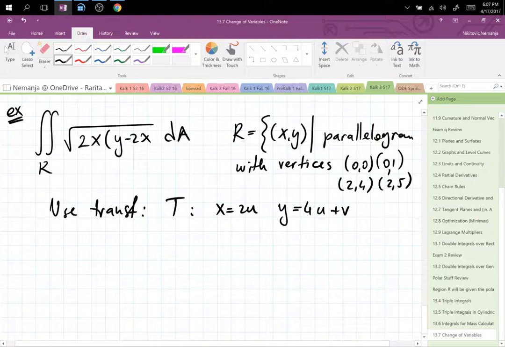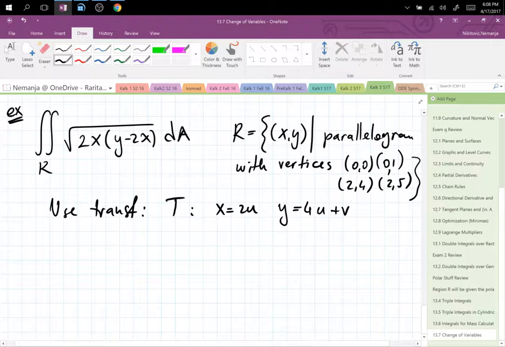You start from transforming the region. That's always the first case, because once you write your new double integral, it has to be integrated over region S. That's a new region. What's given there is region R, the original region.